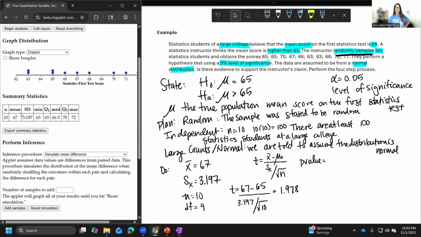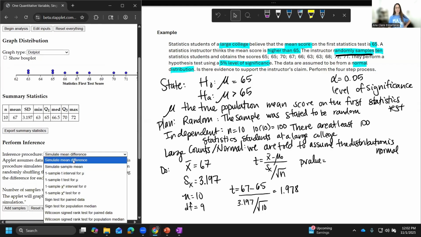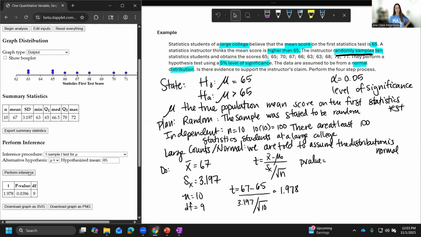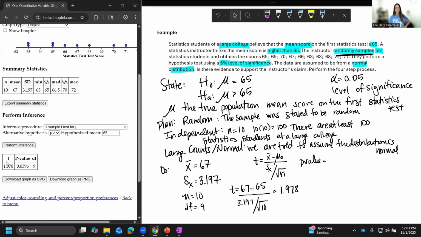We can actually perform inference on Stapplet by selecting a one-sample t-test for mu, where we tell the hypothesized mean and a greater than. And we are given our t-value, which we had, our degrees of freedom, which we had, and the p-value, which is 0.0396. And now we draw our conclusion. So we look at our level of significance and we look at our p-value.